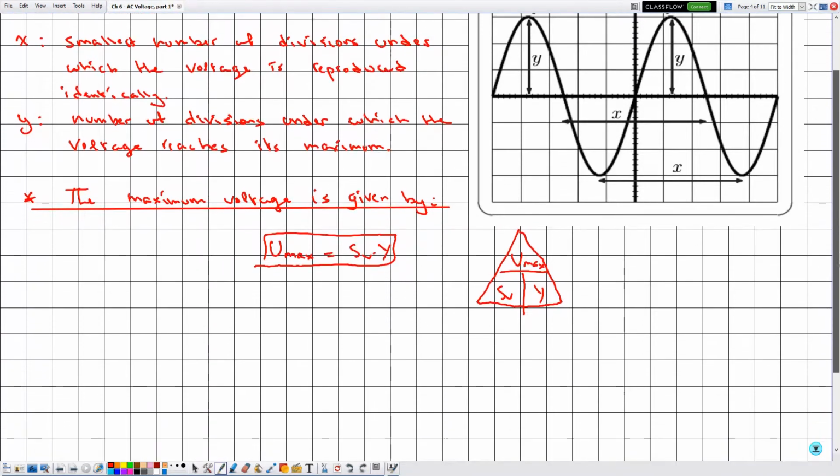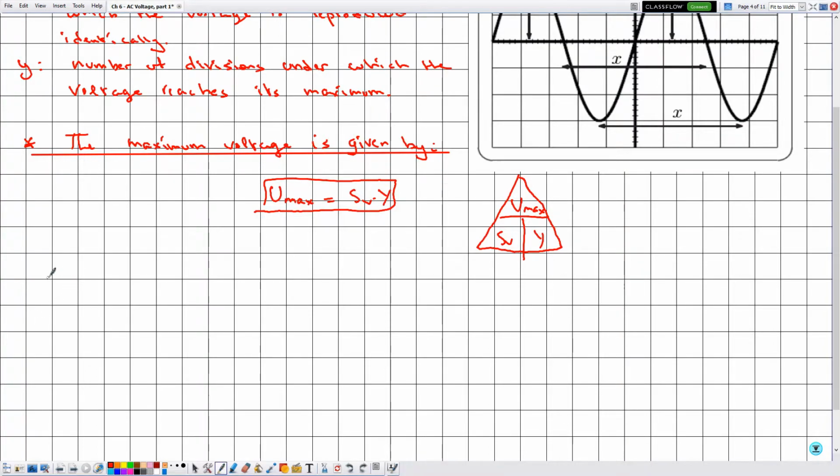Now let me recall what each quantity represents. U max is the maximum voltage or the amplitude of the AC voltage, and because this is a voltage, the SI unit is capital V, which stands for volts.